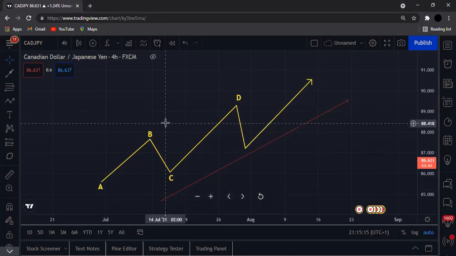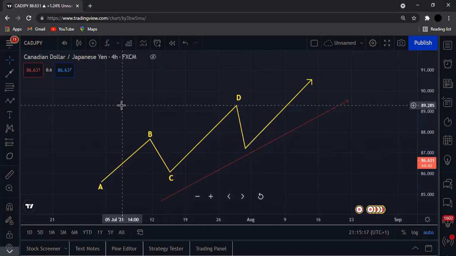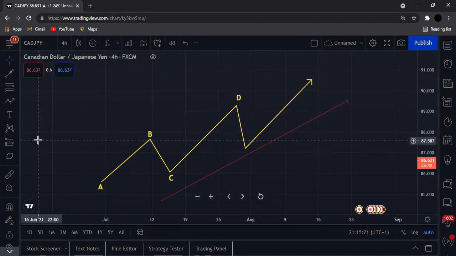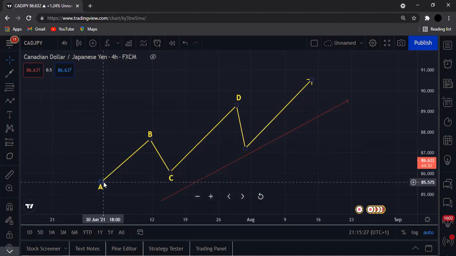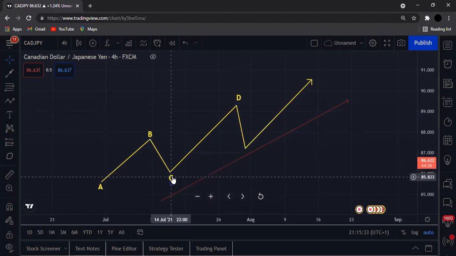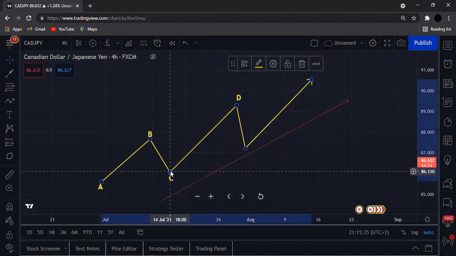So for example, if B to C is longer than A to B, is that possible? I would let you know how to decide if the trend is still valid or not. This is one. A is a low. Let's say you have C coming this way.